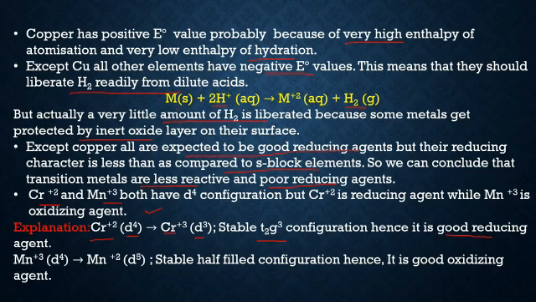On the other hand, Mn plus 3 has d4 configuration, and when it is converted into Mn plus 2, that is d5 configuration, which is a stable half-filled configuration, Mn plus 3 is reduced in this reaction, so it acts as a good oxidizing agent. Hence Cr plus 2 and Mn plus 3 both have d4 configuration, but Cr plus 2 acts as a reducing agent while Mn plus 3 acts as an oxidizing agent.